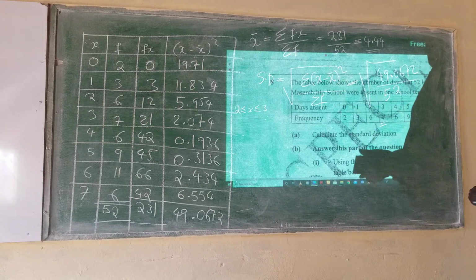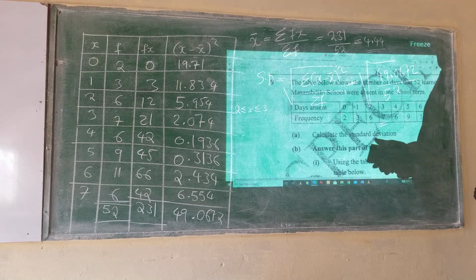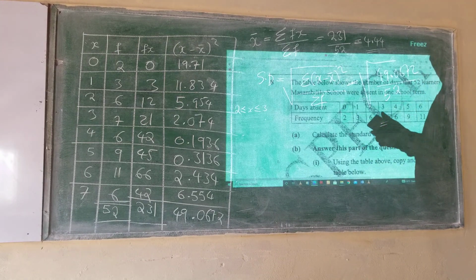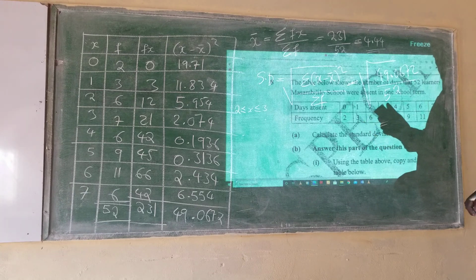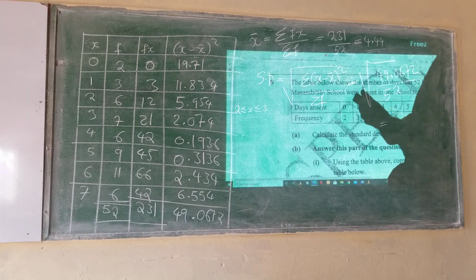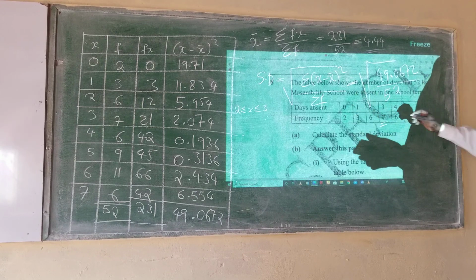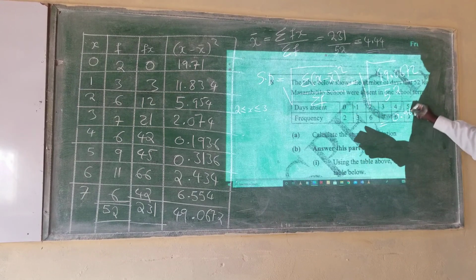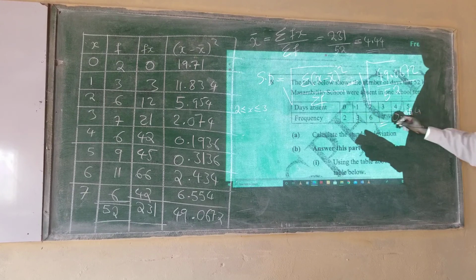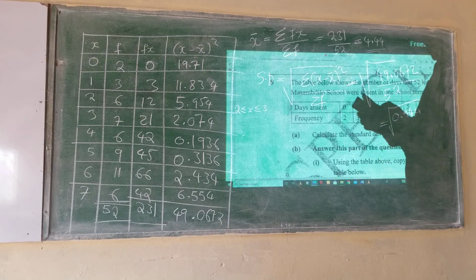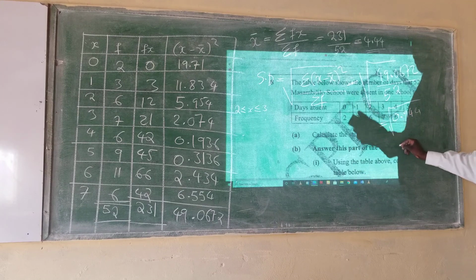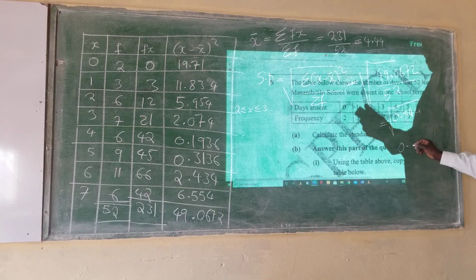So this 49.0672 divided by 52, and it's giving us 0.944. So you square root the answer, then it gives us 0.971.